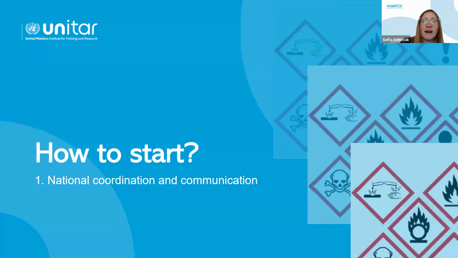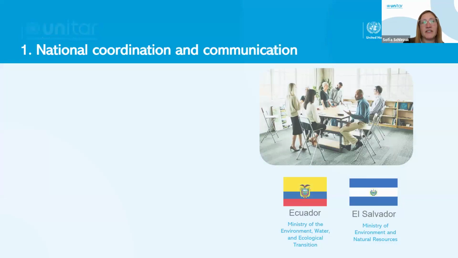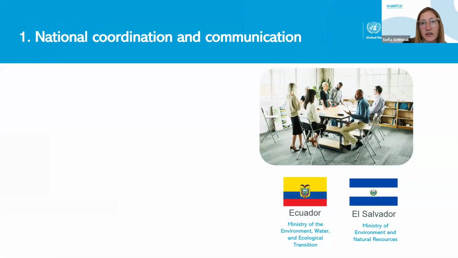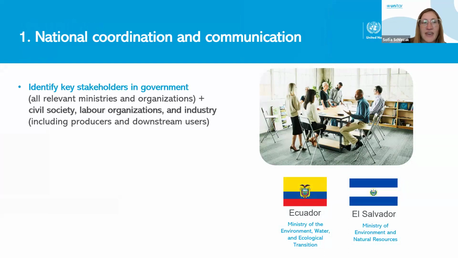So from now on, my slides will be structured with questions. I was trying to think, if someone would like to start this process, the first question would be how to start. As I said previously, the first step would be to create a national coordination and communication body. In this case, for Ecuador and El Salvador, the Ministry of Environment in both countries was the lead authority, and they helped us identify key stakeholders in the government.